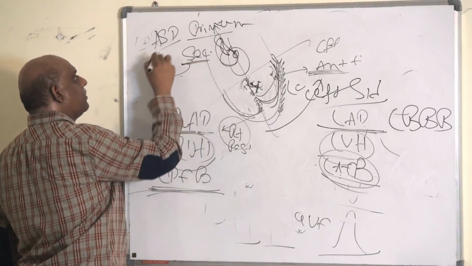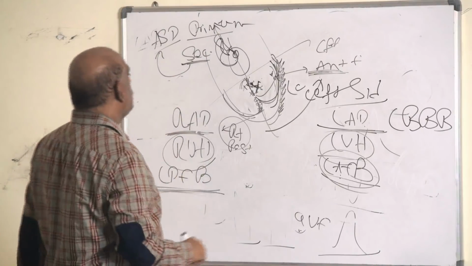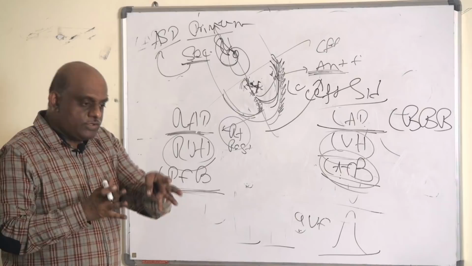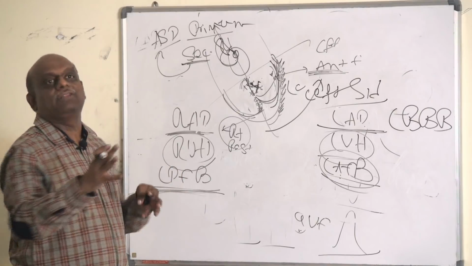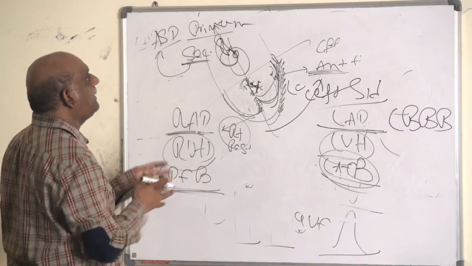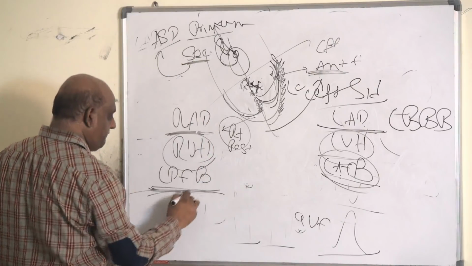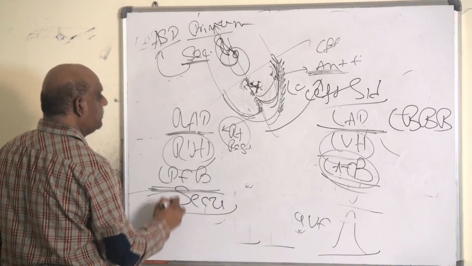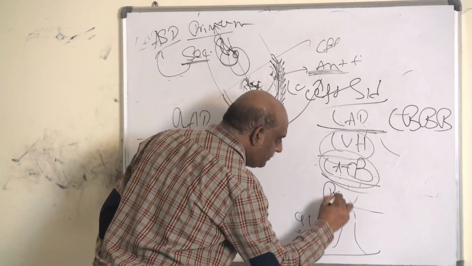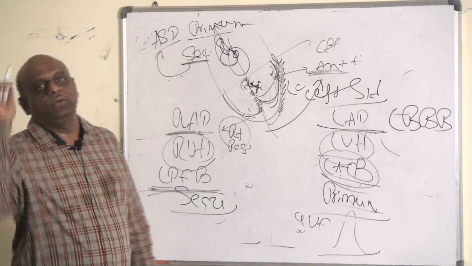Secundum is the most common type of ASD. If there is a secundum ASD, it also alters the electrical pathway, such that a secundum defect leads to right axis deviation, and a primum defect leads to left axis deviation. That is what you need to remember.